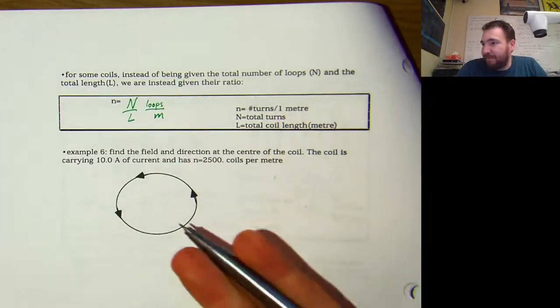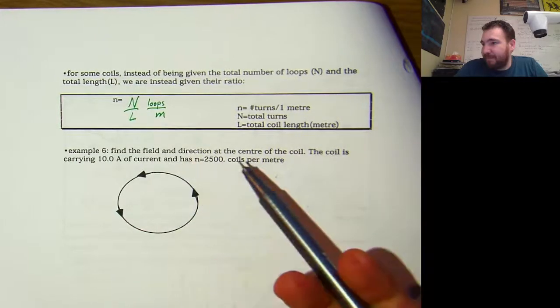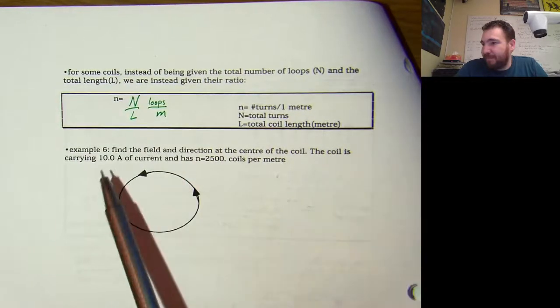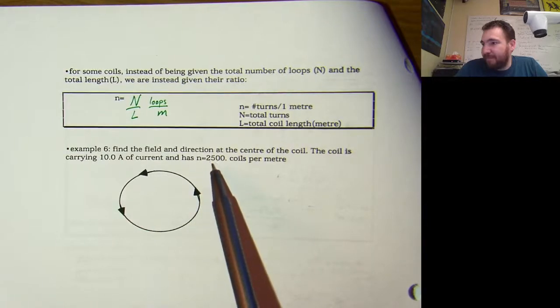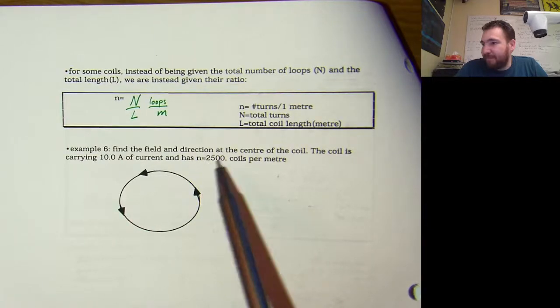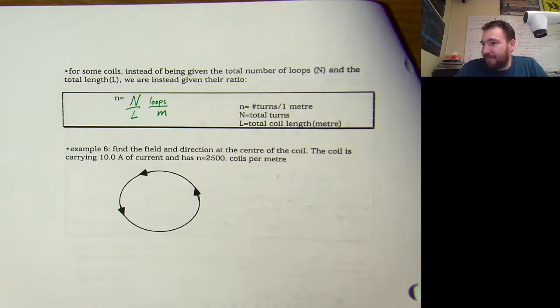So I could give you an example like 6, and I say find the field and the direction at the center of a coil. The coil is carrying 10 amps of current and has n equals 2,500 coils per meter. So they don't tell you how long the coil is. They just tell you what the coil density is.